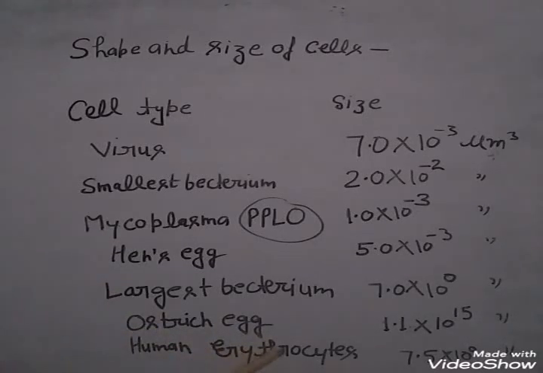The ostrich egg cell is the largest cell, and its size is 1.1 into 10 to the power 15 micron cube. Eggs have reserved food materials, hence generally they have larger size.